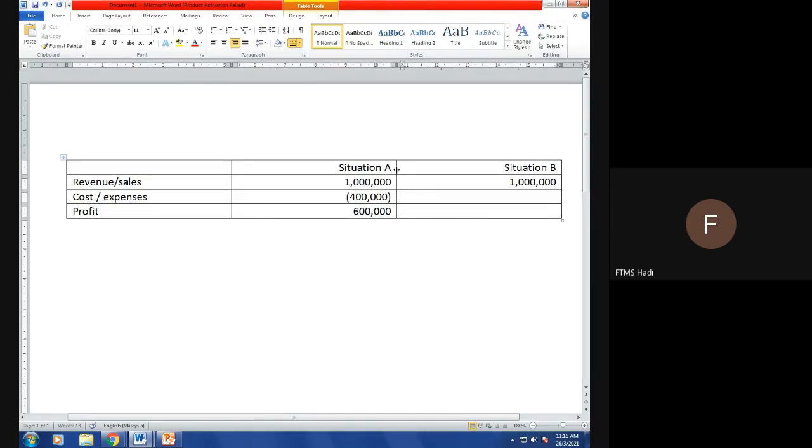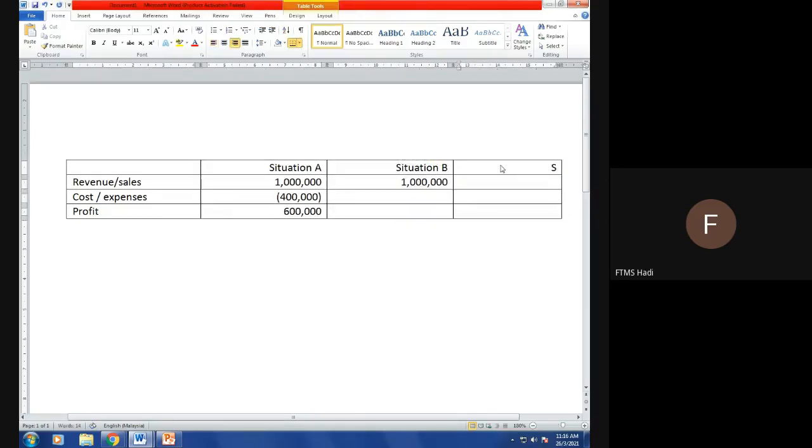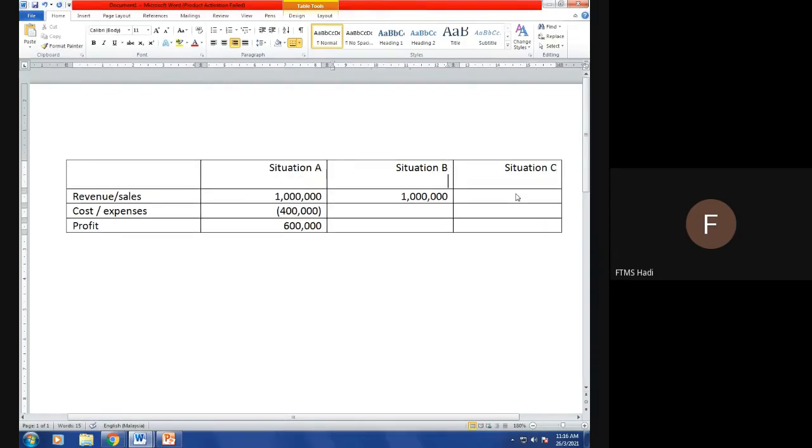I should go for another situation, which is situation C. Let's have a look at situation B, which is increased cost, and situation C is referring to decreased cost.